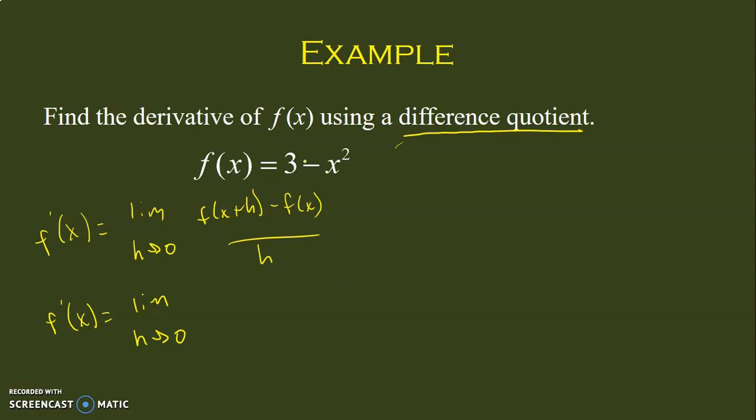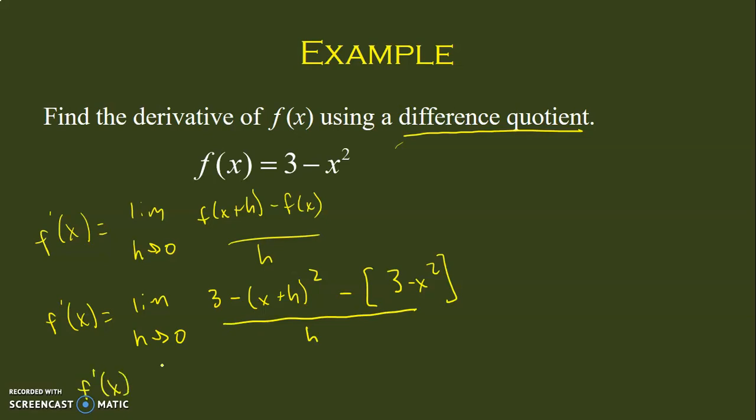So f of x plus h means just plug in x plus h here. So 3 minus x plus h squared, minus f of x, which is 3 minus x squared. Let's multiply it out and start simplifying. F prime of x, the derivative, is the limit as h approaches 0 of 3, and if I multiply this out I get x squared plus 2xh plus h squared.